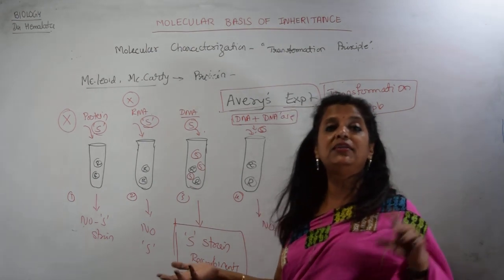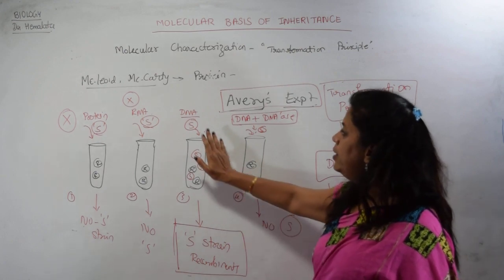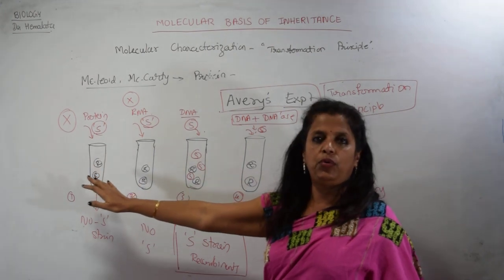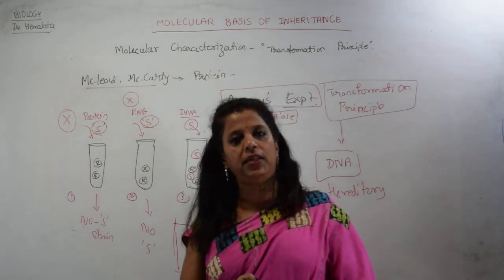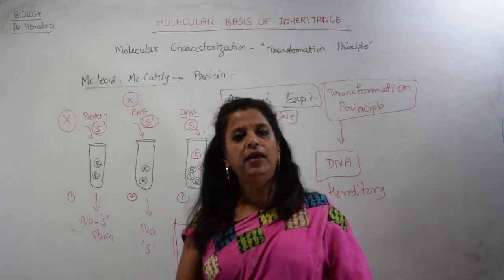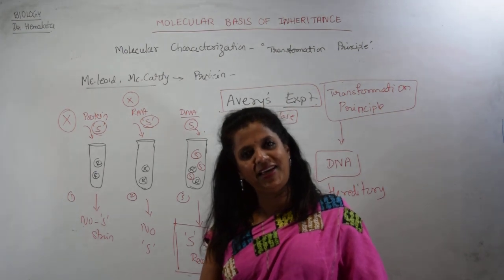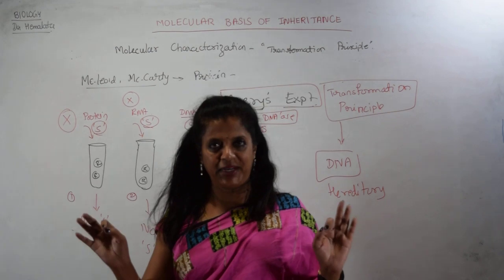So what do you mean by this? It clearly indicates that the transformation principle is only DNA, not RNA nor proteins. If DNA is not there, there is no transfer of genetic material. This clearly indicates that the hereditary material in organisms is DNA. It is a 100% foolproof that DNA is the hereditary material.